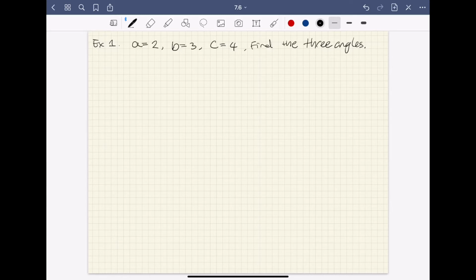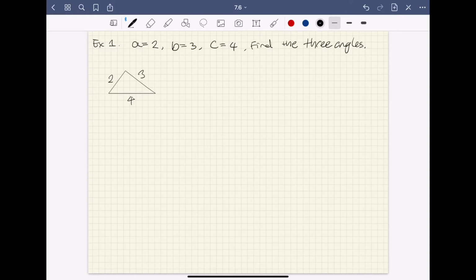So the first example here is an SSS case. So same thing. To do a question like this, I'll draw a diagram first. A is 2, the shortest, C is 4, the longest, and B is 3. And let's label the angles.